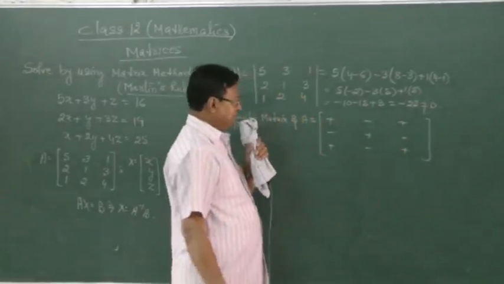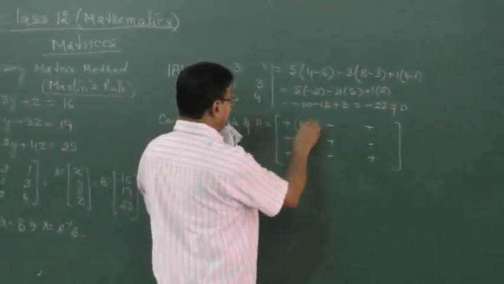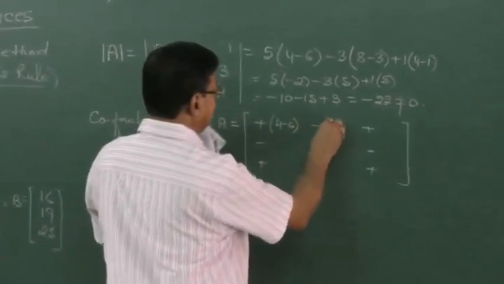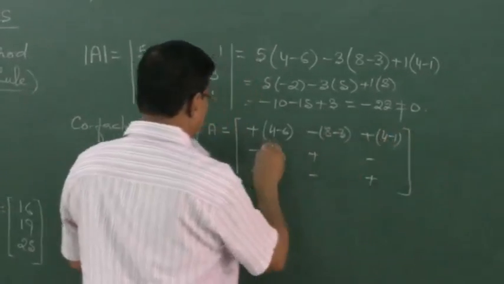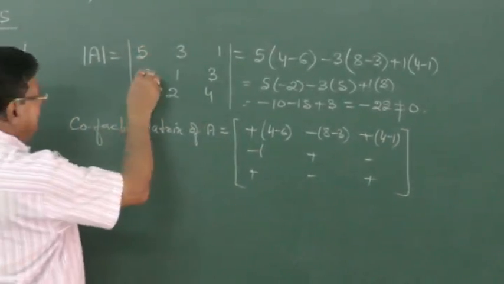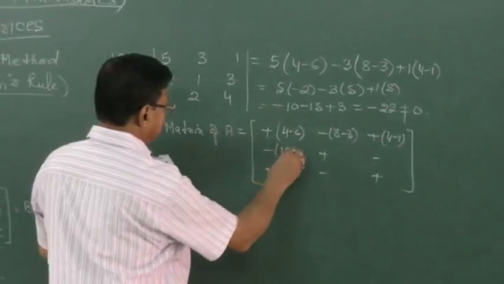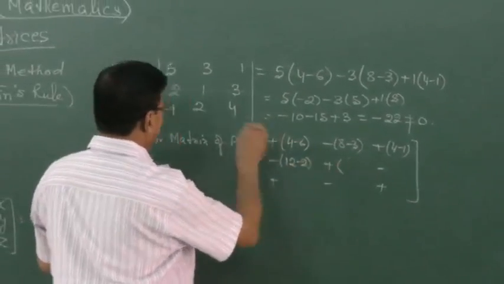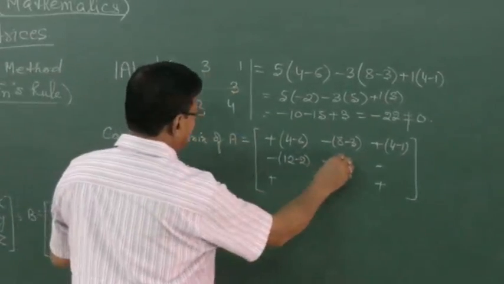So again, the sign convention, the first one I said will be the same, first row. Now second row, this is left, so that's 12 minus 2. Again this is left and this is left, so 20 minus 1.